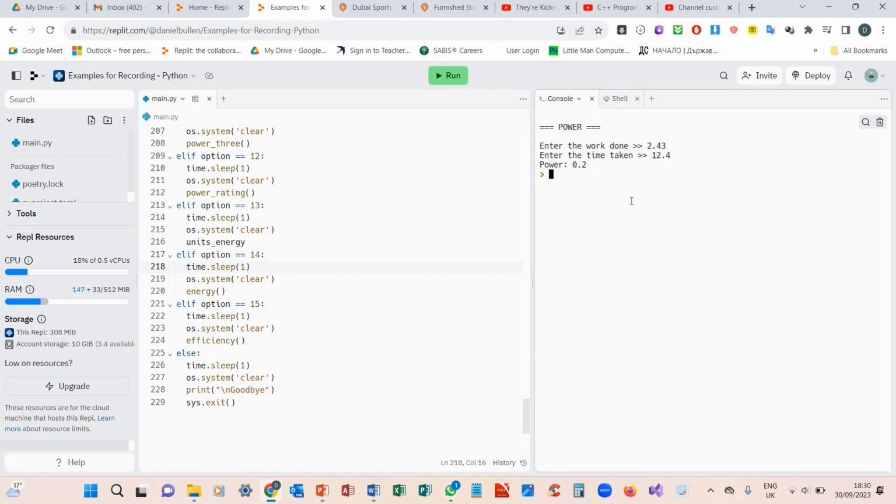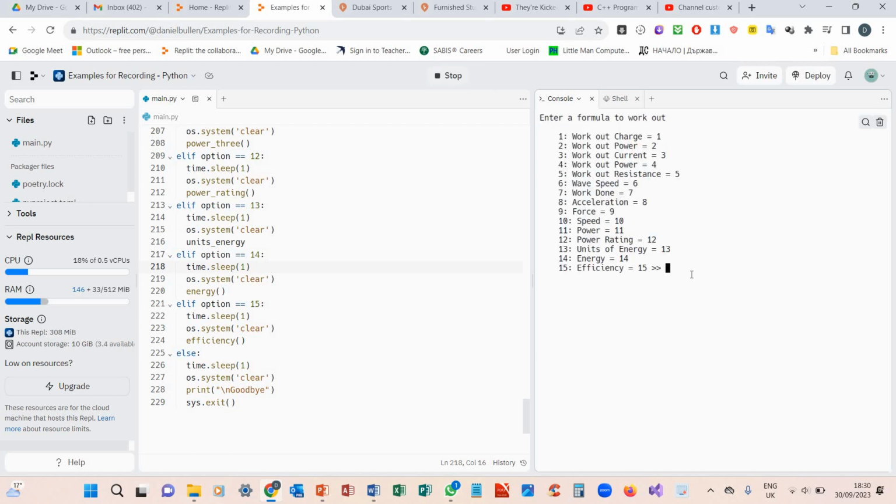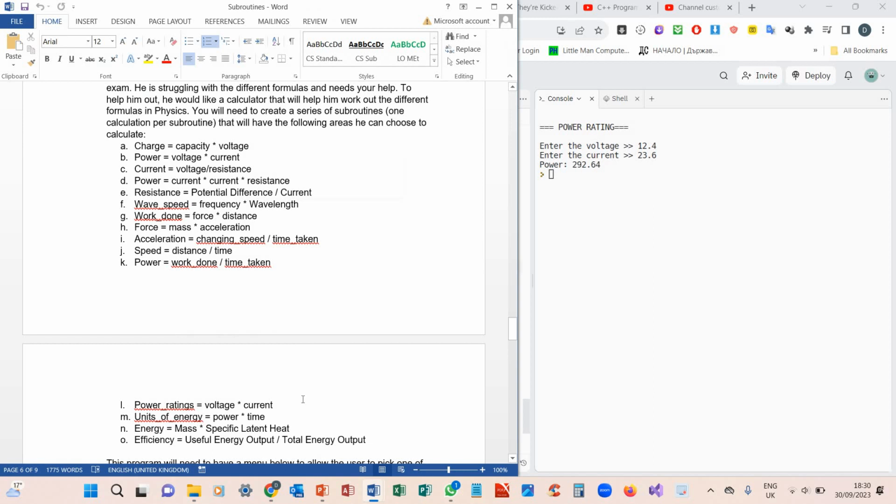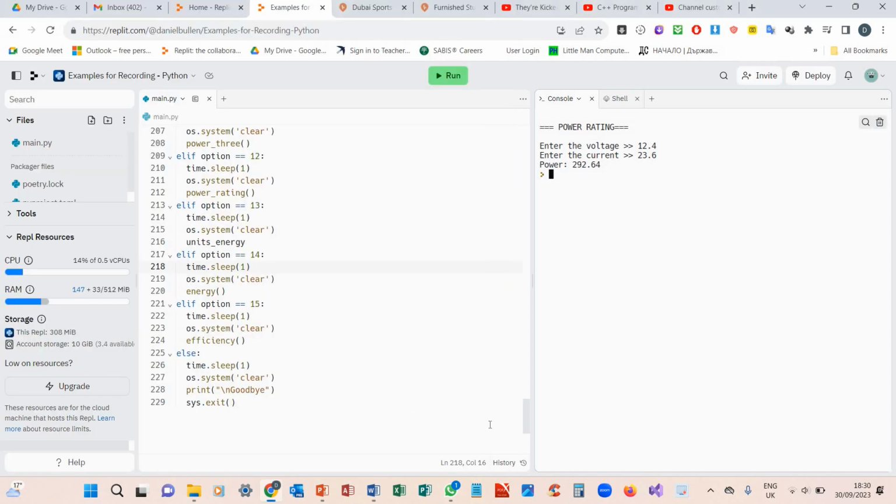Boom. And you can get pretty much this. And there we go. So that is essentially this whole program with 15 subroutines.